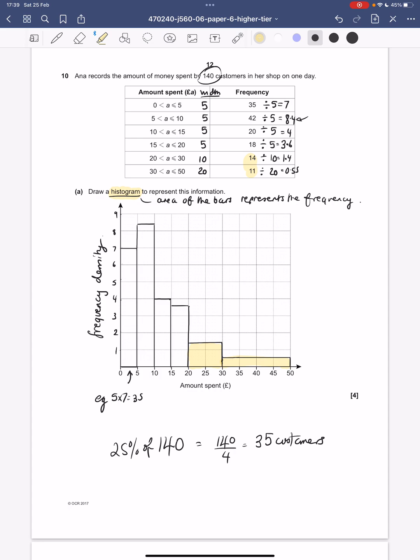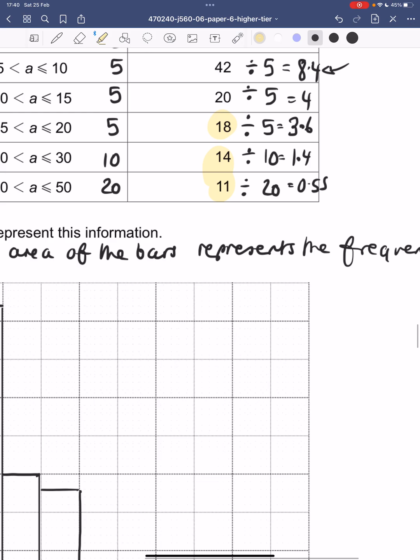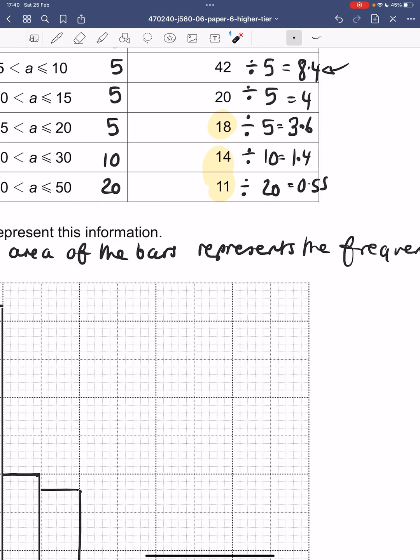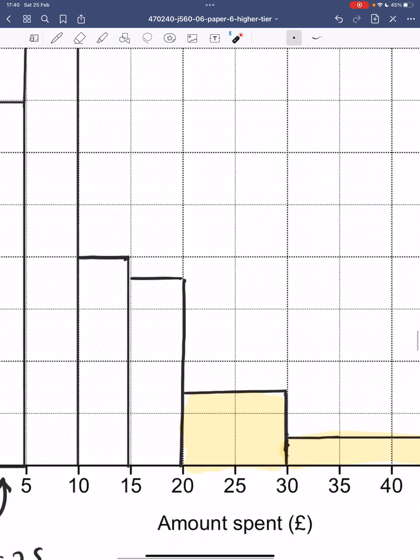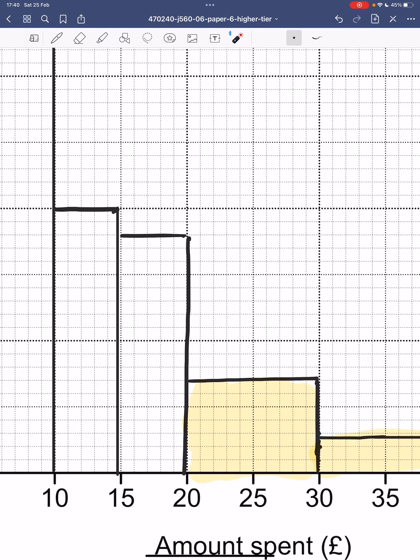Then we've got 18 in this category. They're not all getting a discount. We want 10 of them, which is roughly half of that actually. So 10 is just slightly more than half of them. Okay, so I would say that was about there.